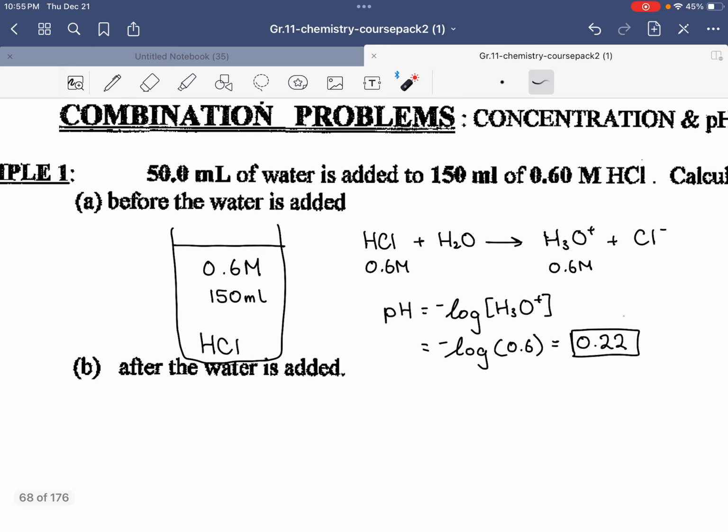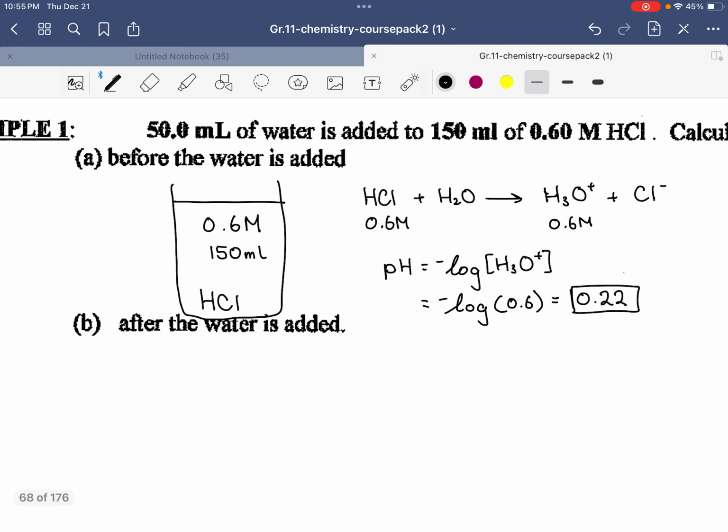So let's take a look at part B, because in part B, we are saying we're going to take 50 milliliters of water, and we are going to dump it in here. Now, before we begin, let's take a look at some predictions. If we are adding water to an already existing solution, we are diluting it.